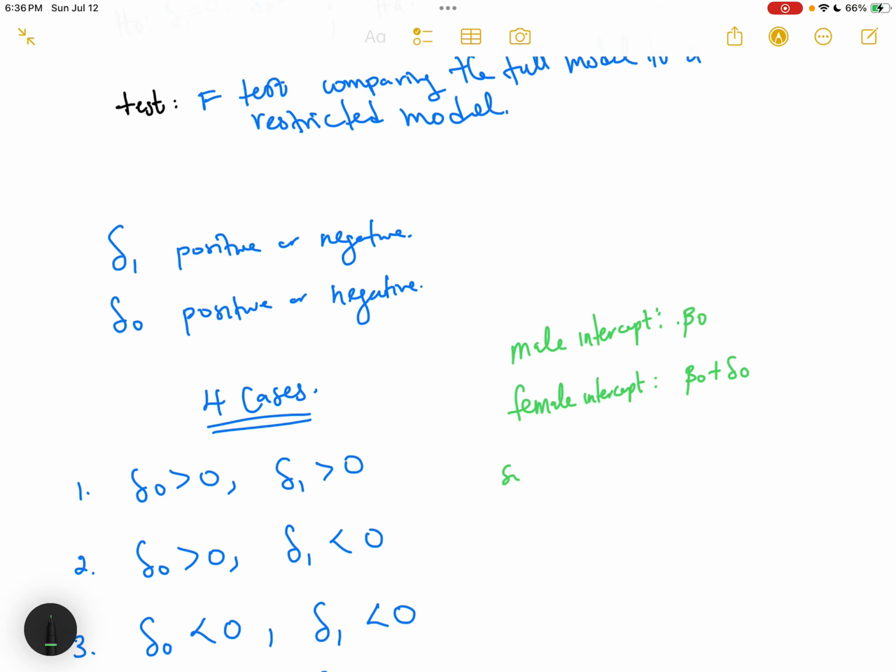And so if delta 0 is negative, then the intercept for women is less than the intercept for men.